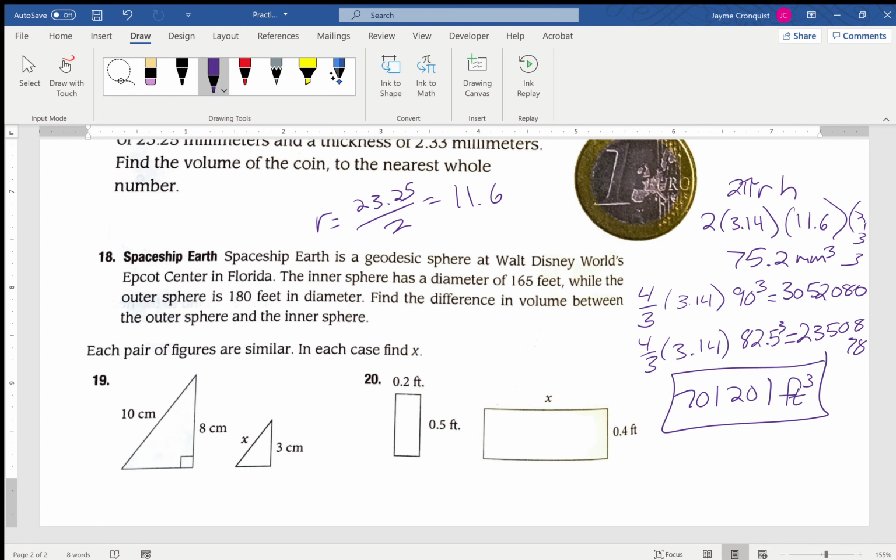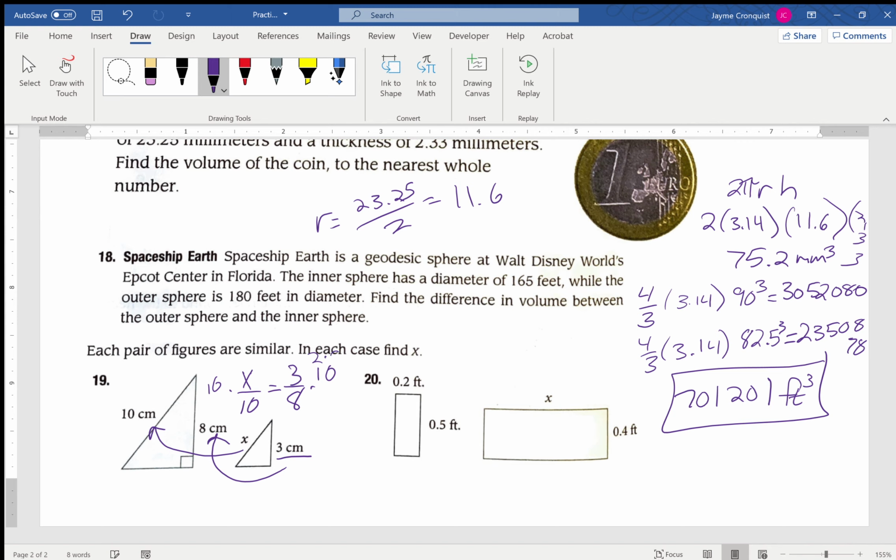Alright, now we're down to 19 and 20. Each pair of figures is similar. Find x. Okay, we did this already. This is just setting it up as a ratio. Okay, I want my x on top. So x over 10 is equal to the smaller triangle over its larger counterpart. Now I multiply both sides by 10.